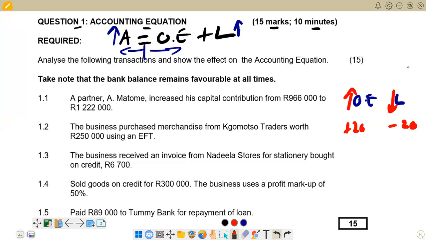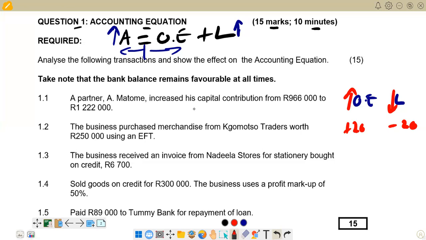But if the transaction is affecting 2 sides, the left-hand side and the right-hand side, it is a movement in the same direction, a positive relationship, whereby we have an increase on assets and an increase on either owners' equity or liabilities. So on our questions, we are going to put the 2 accounts being affected by each transaction.